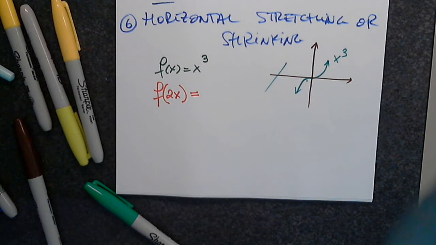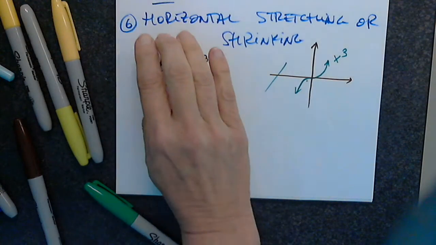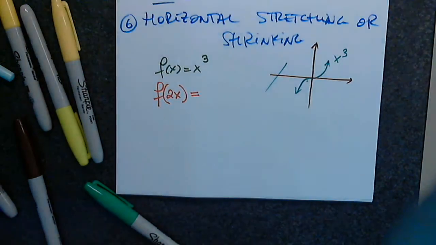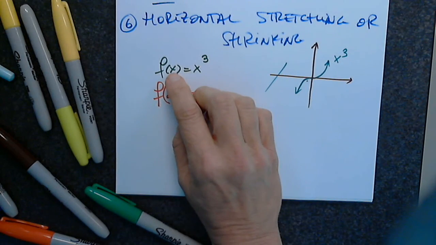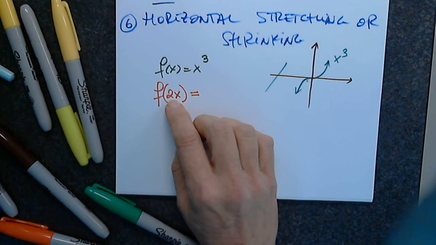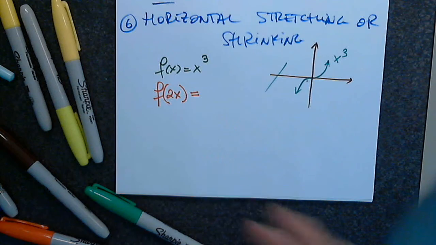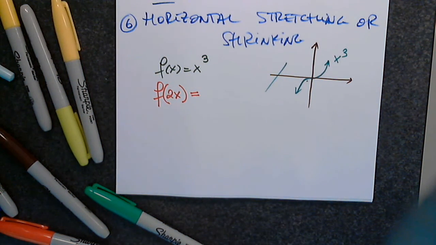Am I changing x or am I changing y? Every time we talk about anything horizontal, what am I changing? Right. If it's horizontal, it must be x. If it's vertical, it must be y. So let's start again. I'm changing x into twice x. So it's obviously something that happens horizontally.